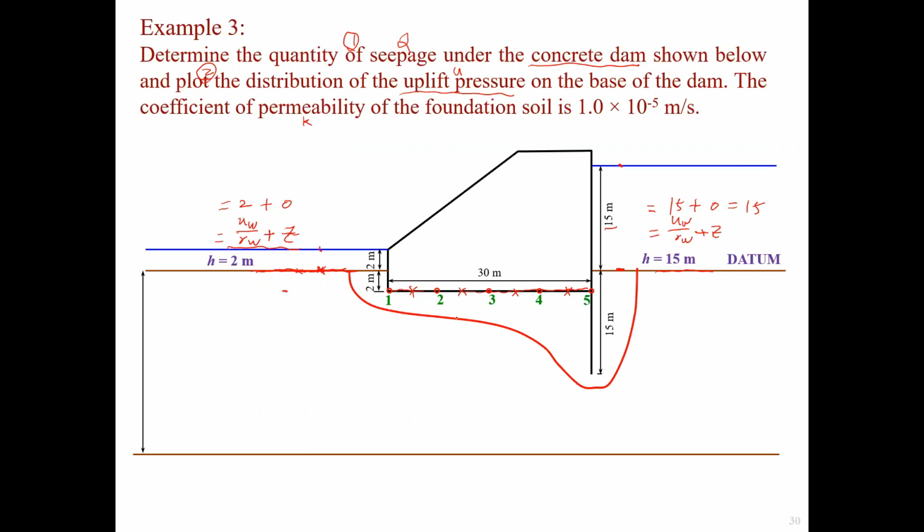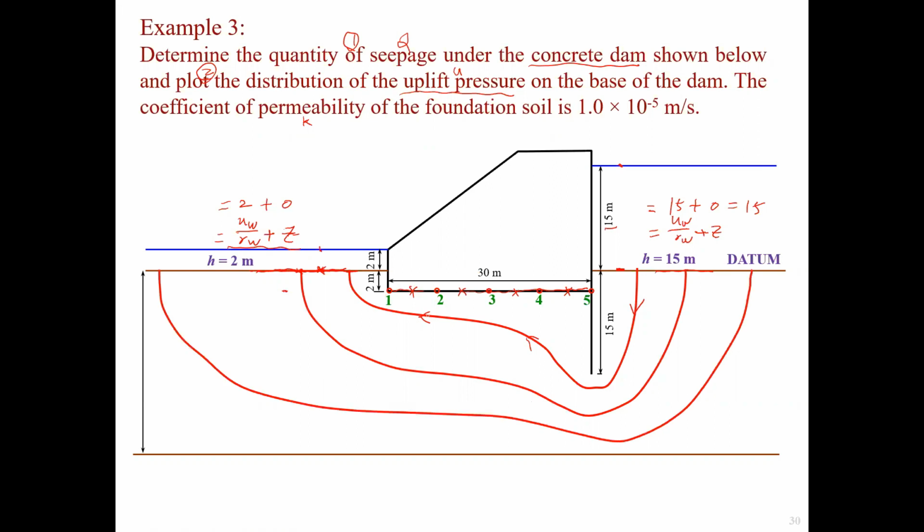And then we can start to draw the flow lines. You see this one, I take 5. If you like, you can take 7, 8, or 10 points, whatever you like. But eventually, the distribution curve will be similar. So now we draw the first flow line. We start from the upstream, flowing from this direction, and then we plot a second flow line and then a third flow line.